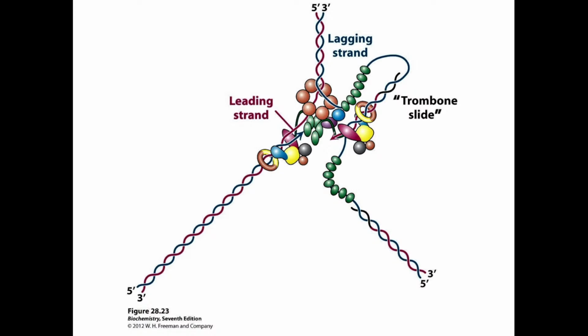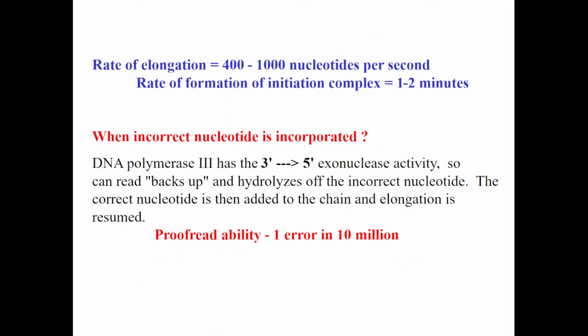You can see multiple functions which provide the possibility of replication. And all of it moves with a velocity of some hundreds of nucleotides per second for prokaryotes, some tens of nucleotides per second for eukaryotes.